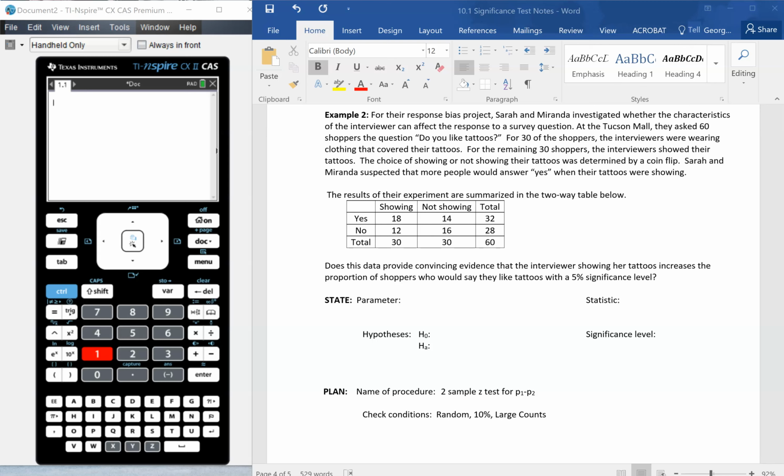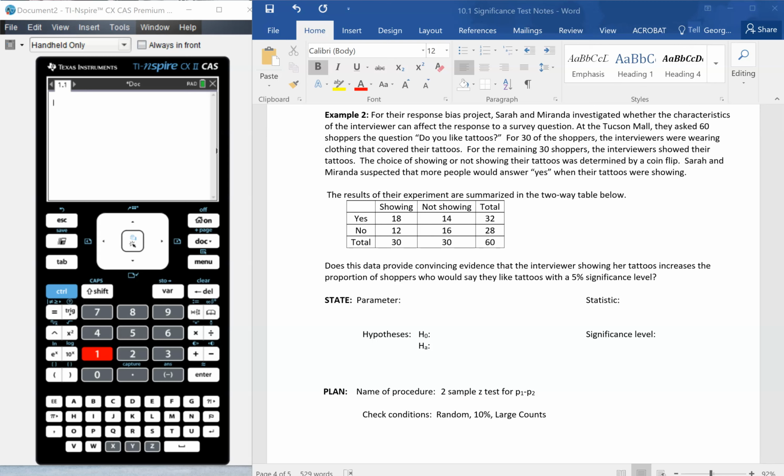So for this next one, I'm looking at example 2. It says, for the response bias project, Sarah and Miranda investigated whether the characteristics of the interviewer can affect the response to a survey question. So at the Tucson Mall, they asked 60 shoppers the question, do you like tattoos? For 30 of the shoppers, the interviewers were wearing clothing that covered their tattoos. For the remaining 30 shoppers, the interviewers showed their tattoos.